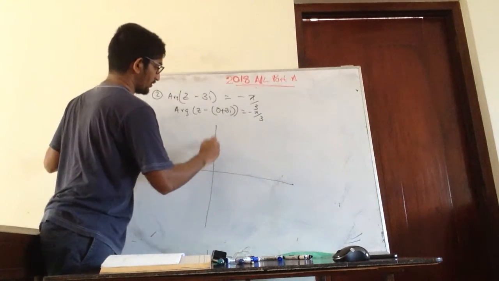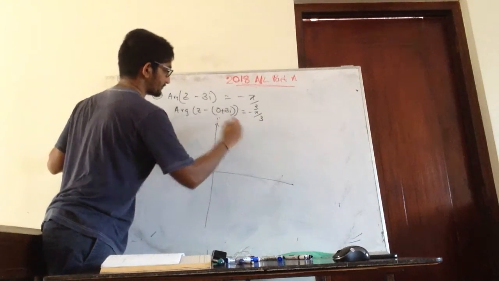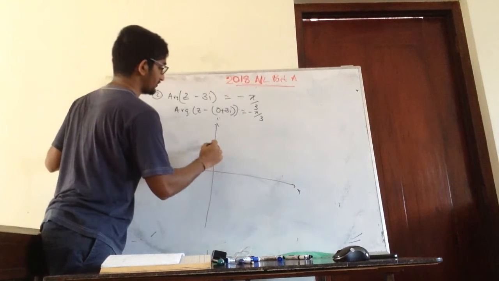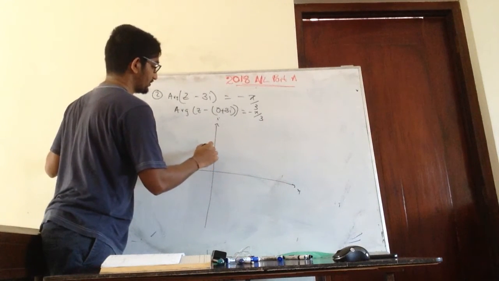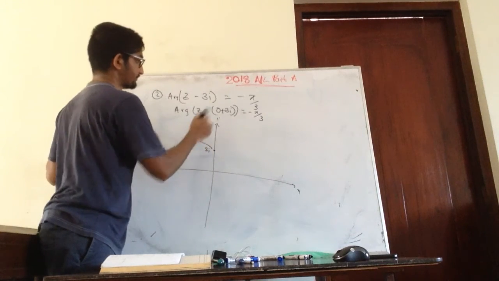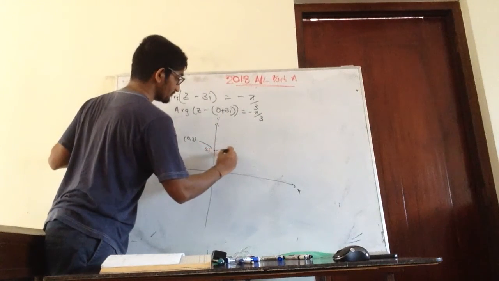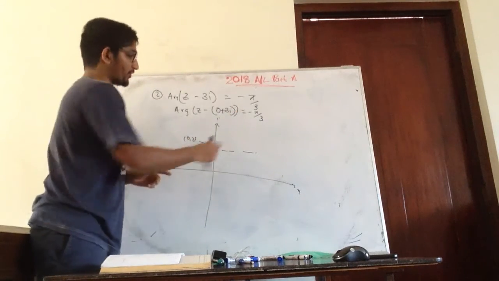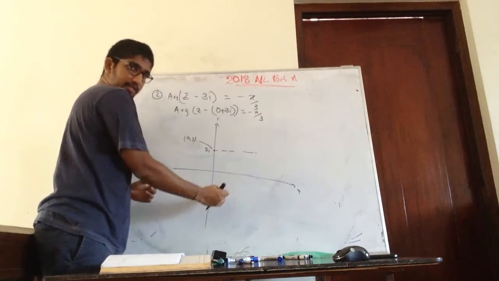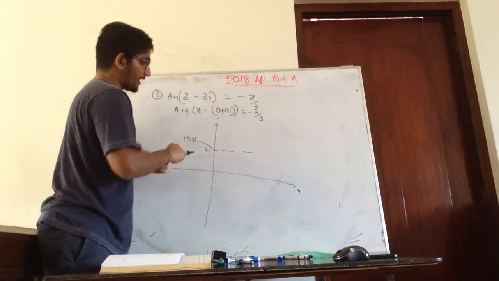So now this is i, this is x. So here this is going to be 3i. So this point will be 0, 3, like here. Then this is going to be minus 5 over 3. So from here, minus is going to be down, no? So minus 5 over 3.